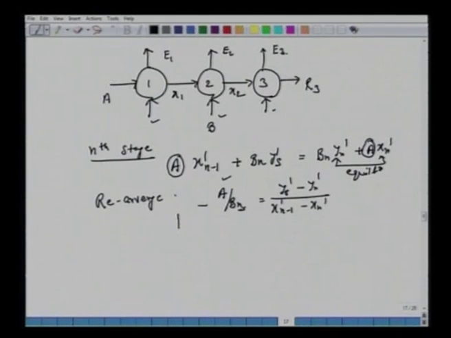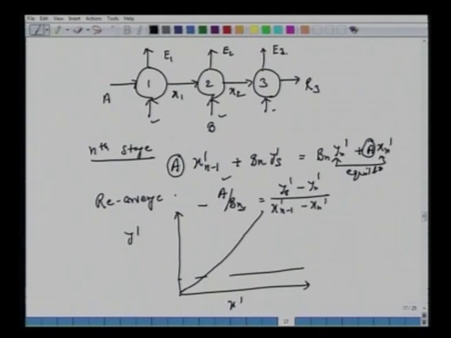In other words, now if you work on this equilibrium curve with y dash and x dash, and if you have this equilibrium curve like this, say there's some amount of solvent, so this is y dash and x dash, extract phase and the raffinate.